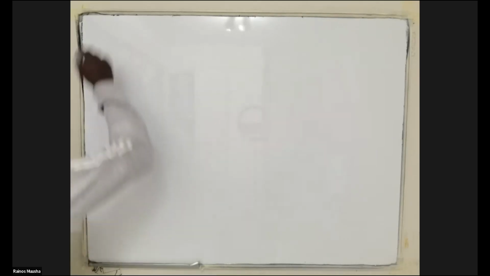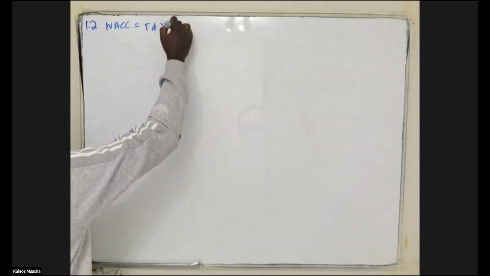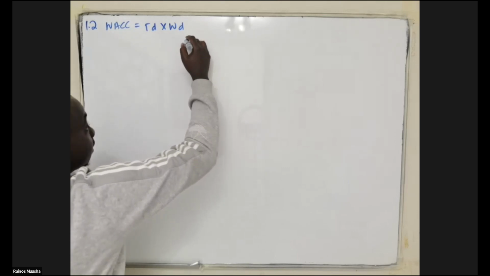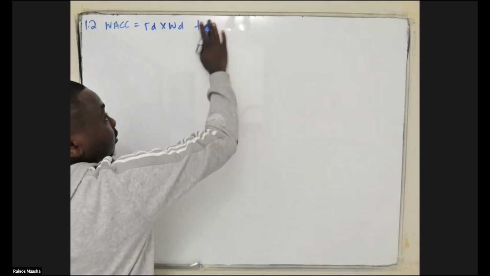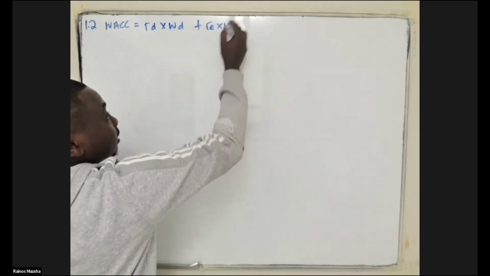So for question 1.2, the weighted average cost of capital is given as the cost of debt multiplied by the weight of debt plus the cost of equity multiplied by the weight of equity.